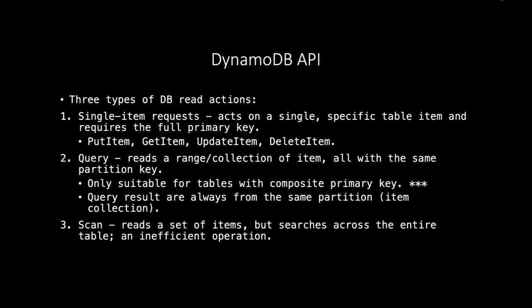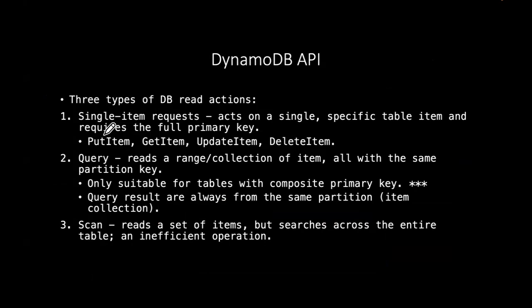Okay, I'm going to pick it up here, which is linked to what I was just saying about querying. We're told in this slide that there are three types of actions that you can carry out against a DynamoDB table. One is essentially CRUD behavior, which we call single item actions.